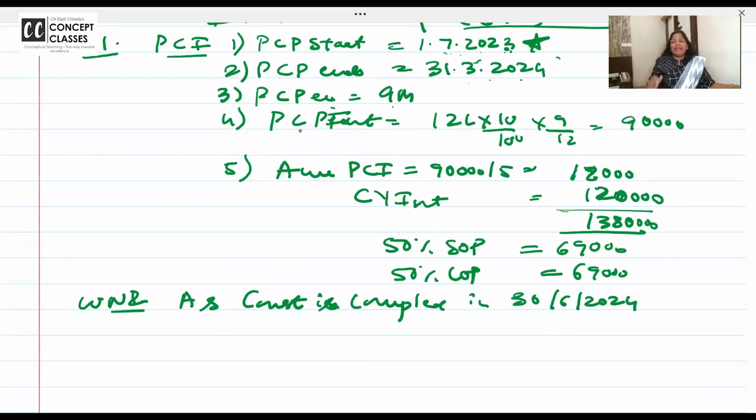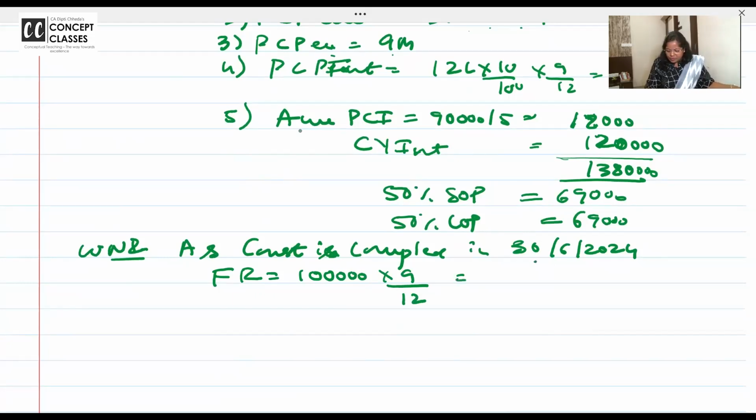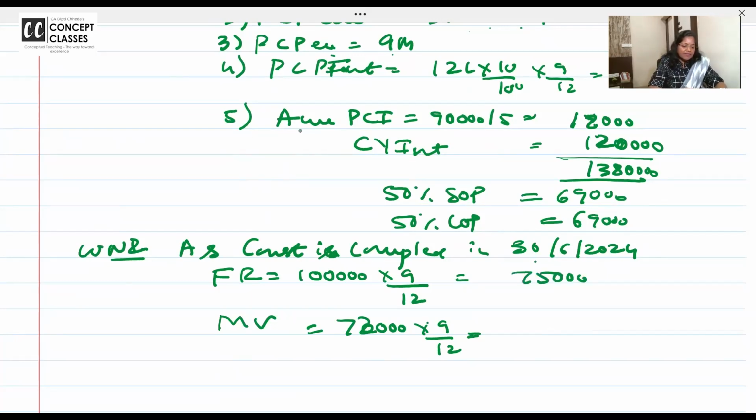You can't take the fair rent and municipal value for 12 months. Yesterday also we did such a problem. Fair rent of 1 lakh is for 12 months, but construction is completed in June 24, so 9 months. Municipal value is 72,000, that is 1 lakh into 9 by 12, and 72,000 into 9 by 12.